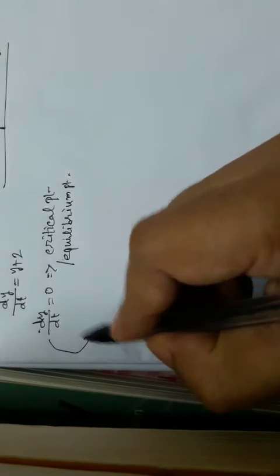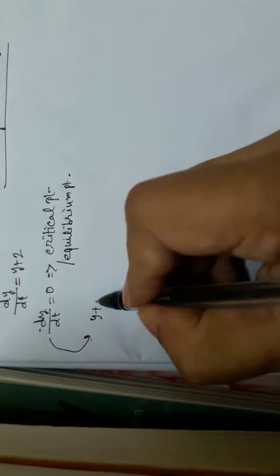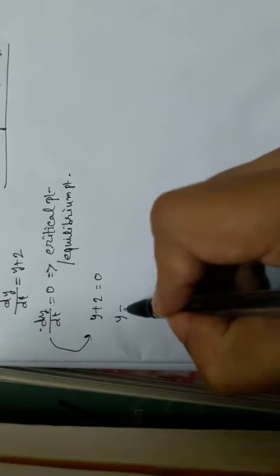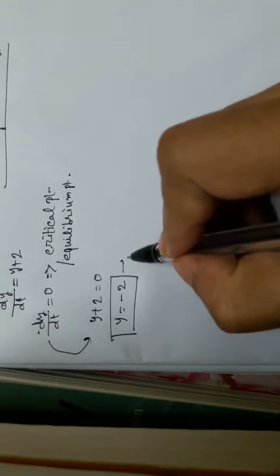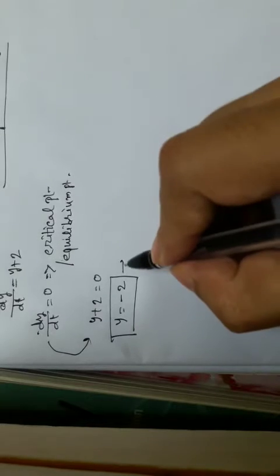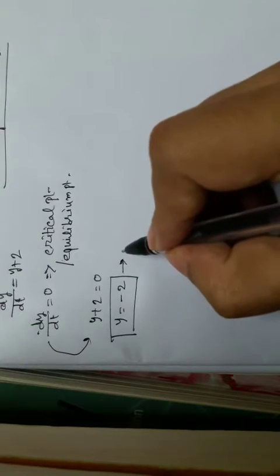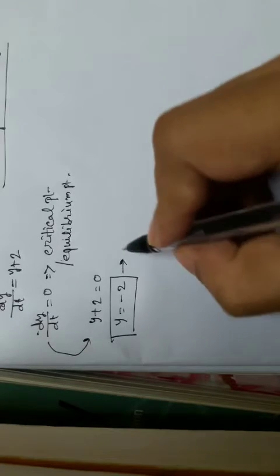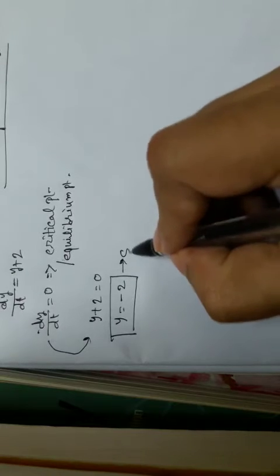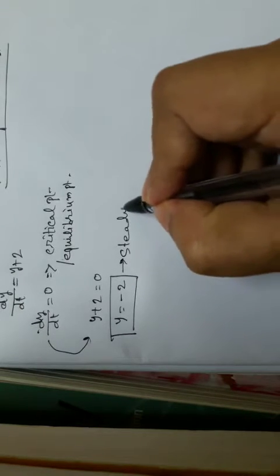So dy/dt is equal to 0 means y plus 2 equal to 0, so y is equal to minus 2. Every point on this line is a critical point, and that leads to the steady state solution.